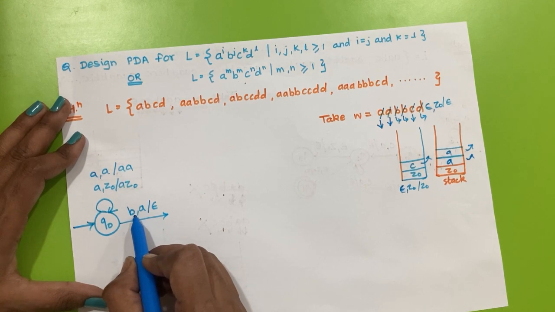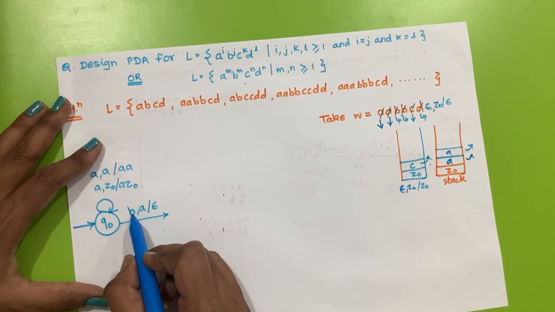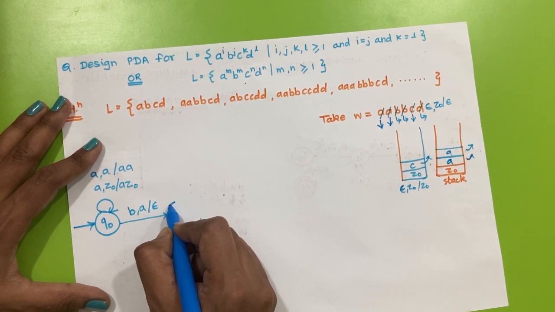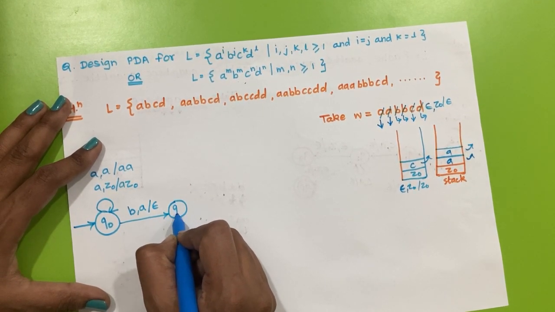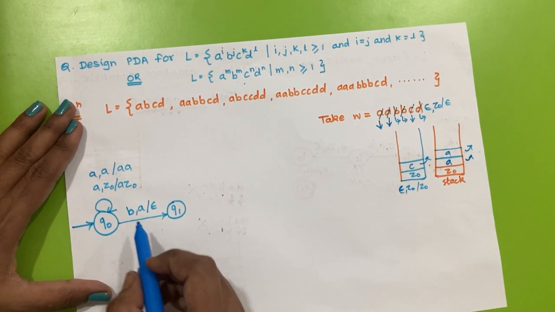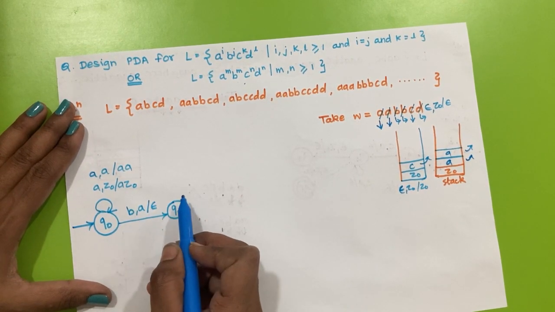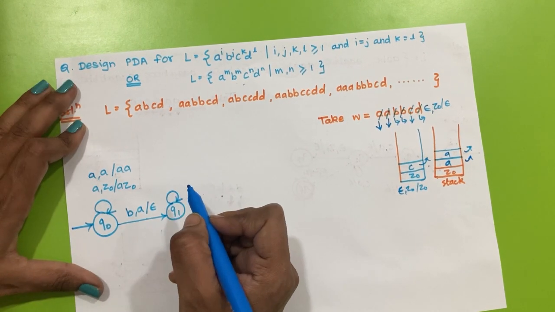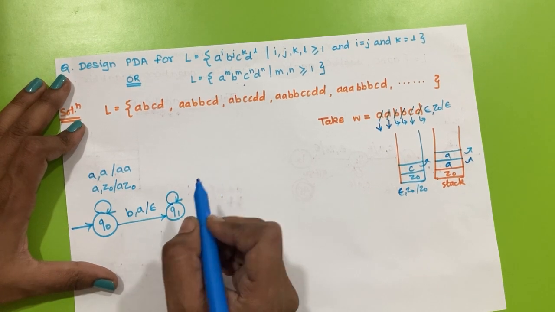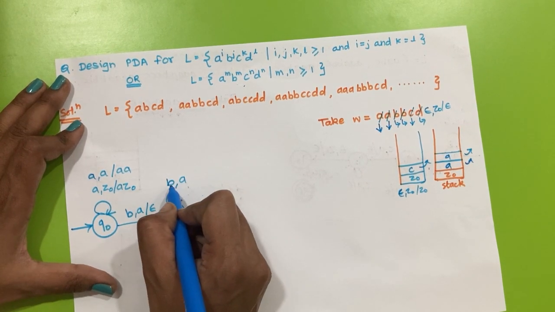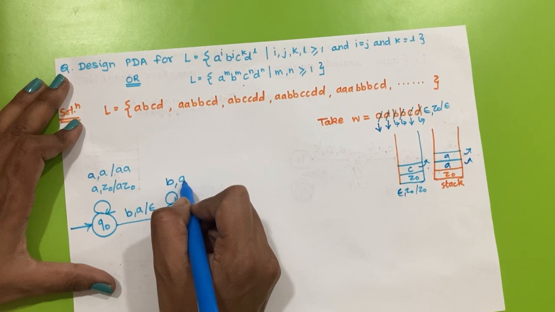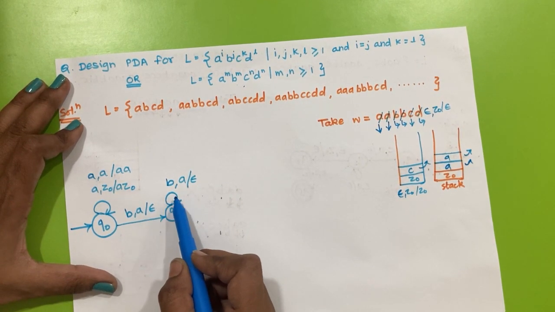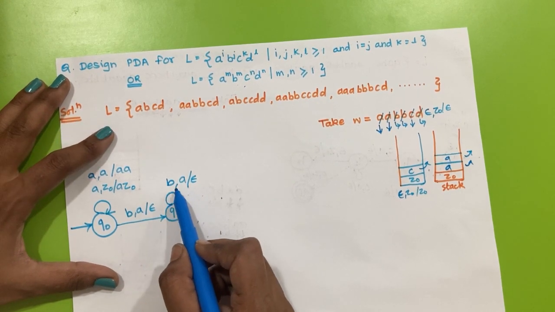So if we are reading input symbol B and top of stack is A, it will go to state Q1, and the same is the situation for the remaining B's, which will also pop out A's. This will be repeated by this cycle until we end up with all B's.